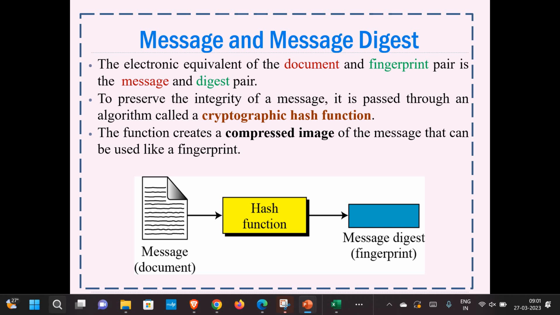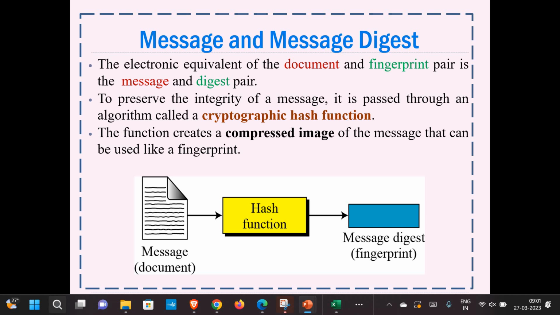In a cryptographic hash function, the basic observation is that we will have a message, and that message will first undergo some kind of encapsulation, which is what the hash function is doing. Based on that, we generate something called a message digest, which is nothing but an image kind of formation of the message being sent.